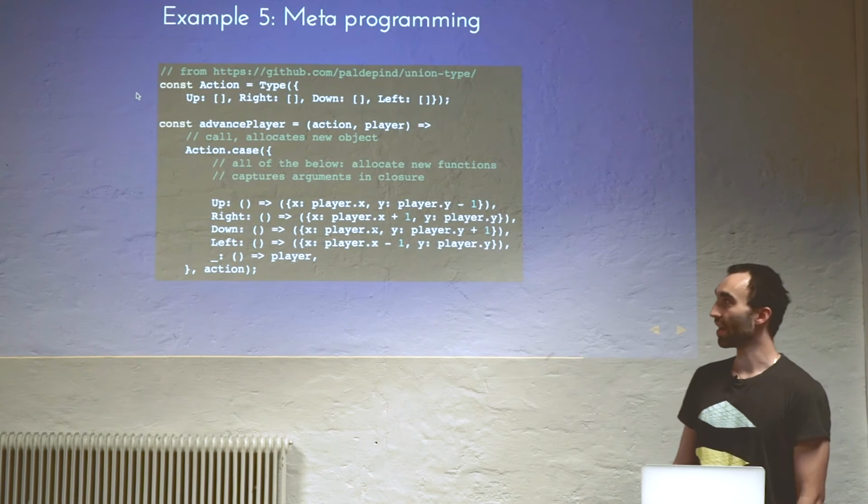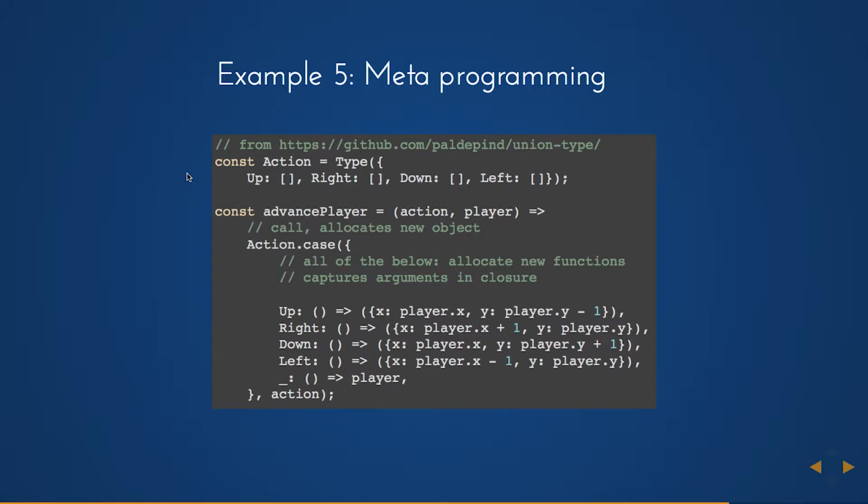All right, and now metaprogramming. Some time ago, I thought my worldview on programming languages and typing changed a bit. For example, especially because of things like union types, which are available in some languages, but not in others. And you can emulate some functionality like this in JavaScript. For example, with this library, you can define a union type Action, which can be either up, right, down, or left.